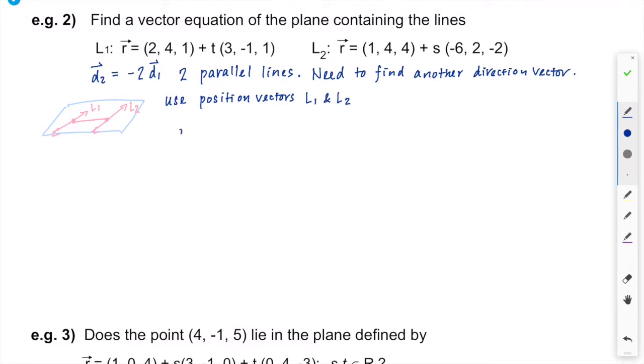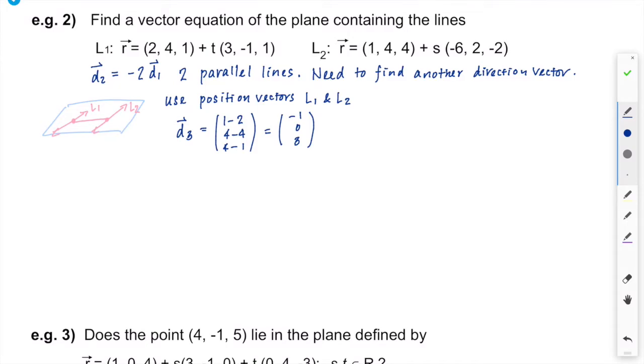So D3, let's call that. All right, so I can do 1 minus 2, 4 minus 4, and 4 minus 1. Okay, so this gives me -1, 0, and 3. So we can use that. And 2, 4, 1 and 1, 4, 4, these 2 points are on this plane because they're on the line.